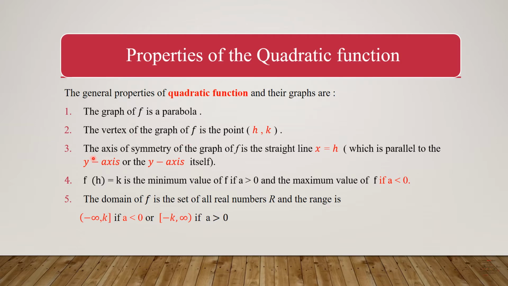The third point is the axis of symmetry. The axis of symmetry of the graph of f is the straight line x equal to h, which is parallel to the y-axis, or the y-axis itself. It is a straight line.